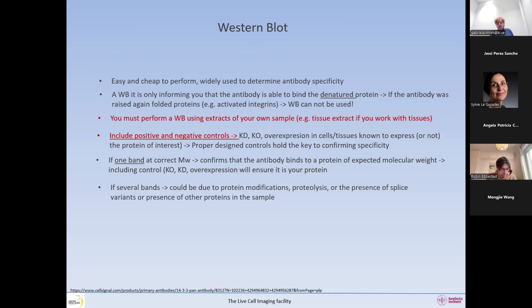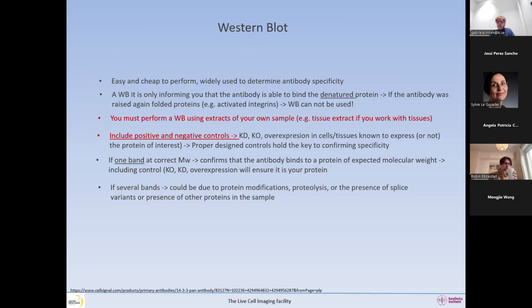If you get one band at the correct molecular weight, that will confirm that the antibody binds specifically to the protein of your expected molecular weight. But this is only valid if you have the correct controls.